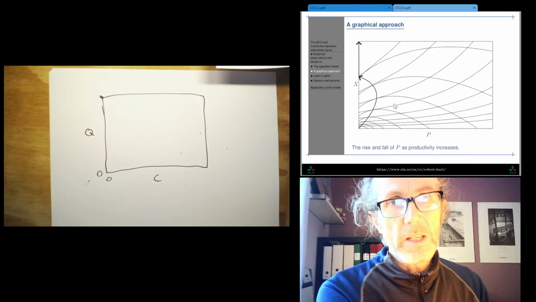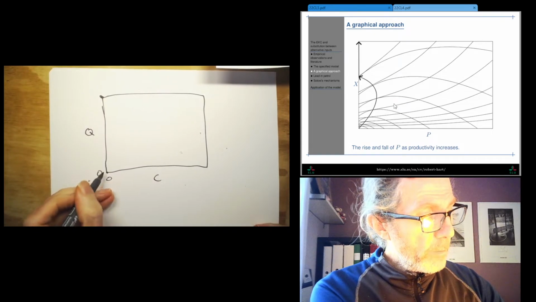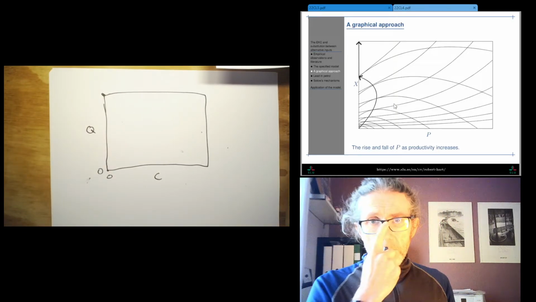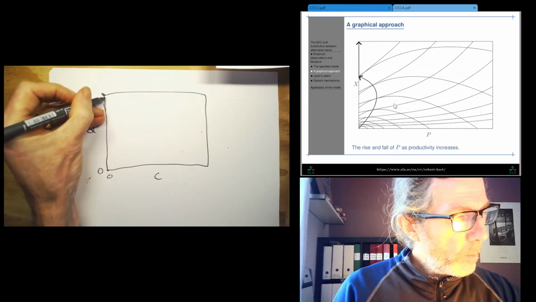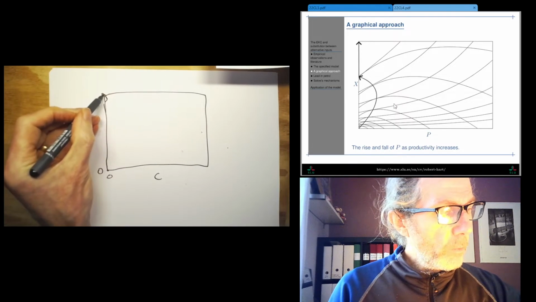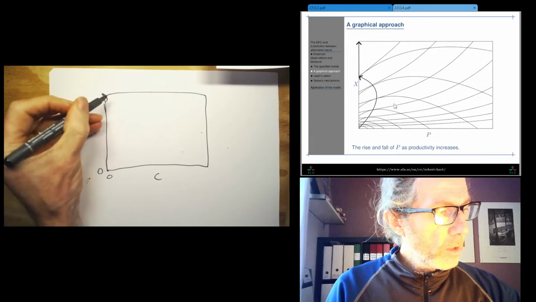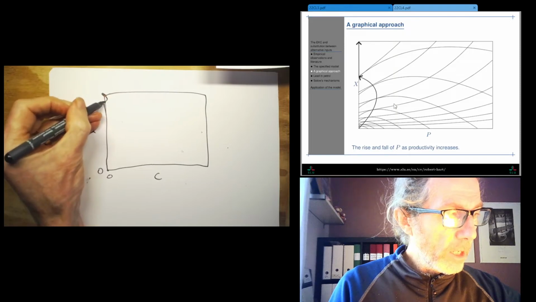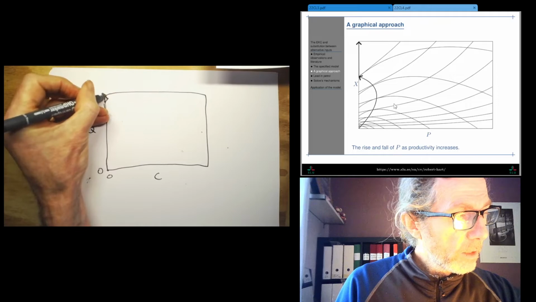This is like pristine. This is zero consumption. This is environmental disaster if we're down here, right? The economy's collapsed. So when productivity is low, we sort of flip the PPFs and they look kind of like this. If we do nothing, we have perfect environmental quality and no consumption. If we just focus on destroying the environment, we have still a pretty good environment and no consumption. In between is our best choice.